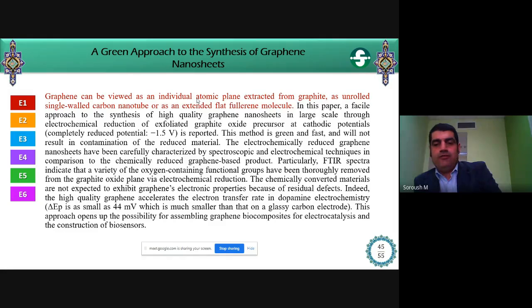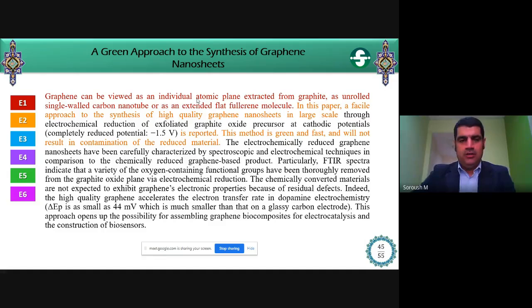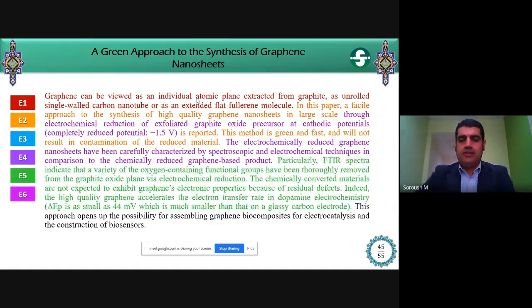And then the second element goes to the aim of the work, which has been clearly highlighted here, and also the methodology. They mentioned which methodology they used, even the voltage they used, and also the synthesis method. And then they go to the results, which is colored in green.